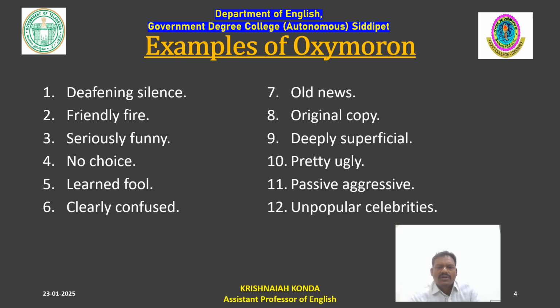And the last one is unpopular celebrities. Generally, celebrities are meant to be famous, but this describes those who are well known yet disliked. So these examples show how oxymorons combine opposites to create powerful or ironic meanings.